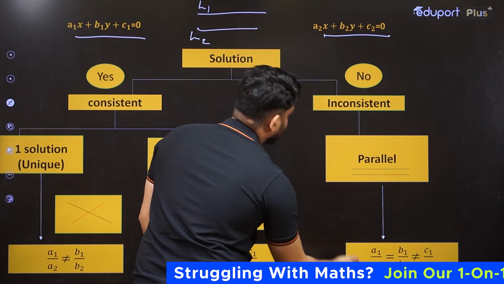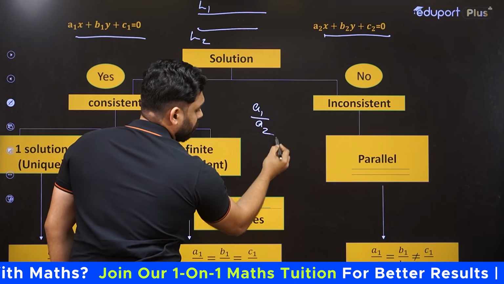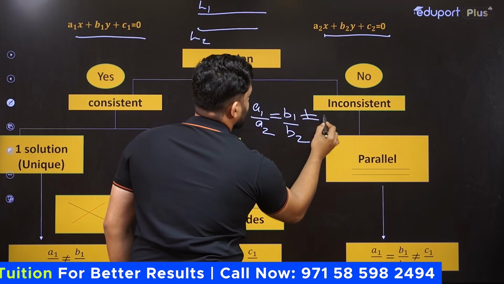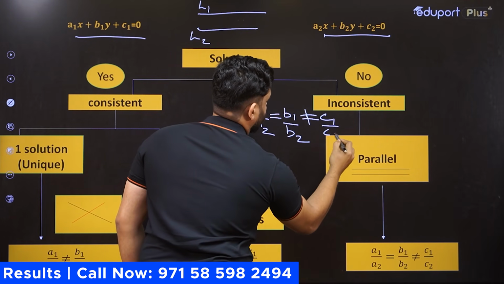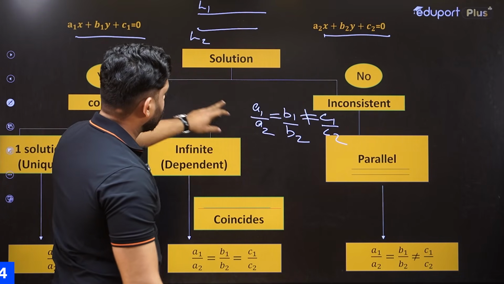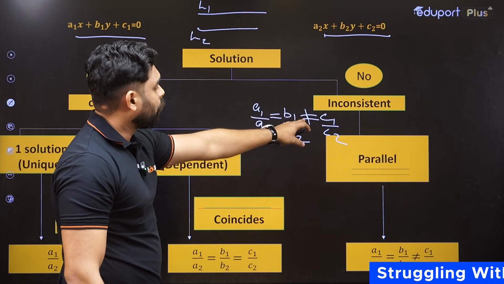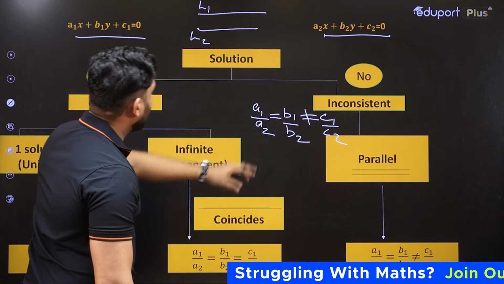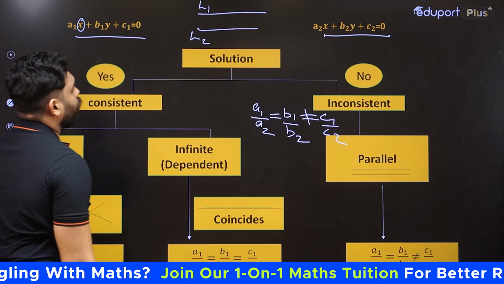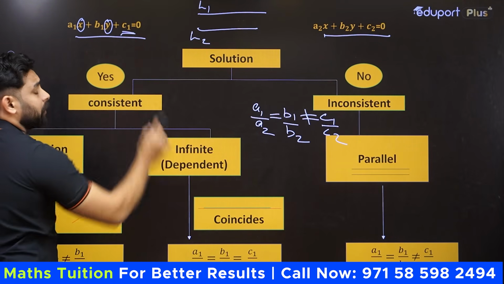If we compare, the ratio a1 by a2 is equal to b1 by b2, which is not equal to c1 by c2, where a1 is the coefficient of the x term, b1 is the coefficient of the y term and c1 is the constant term.